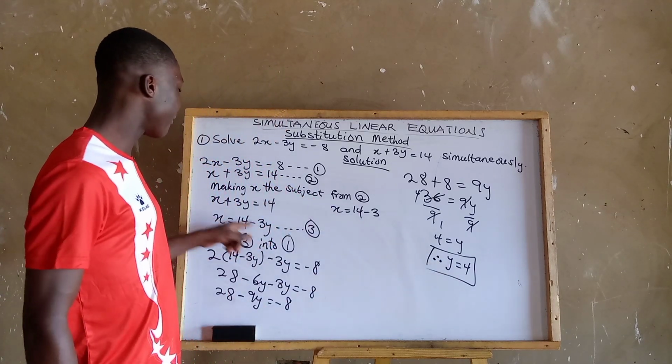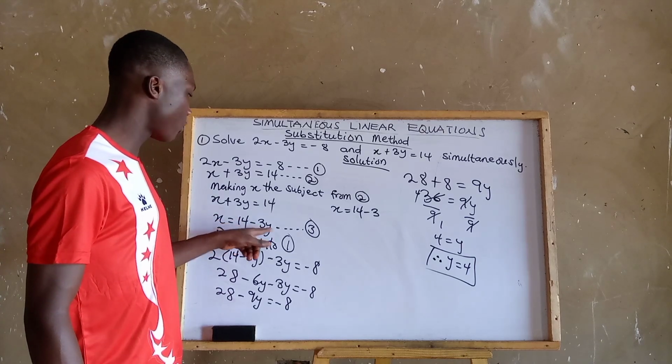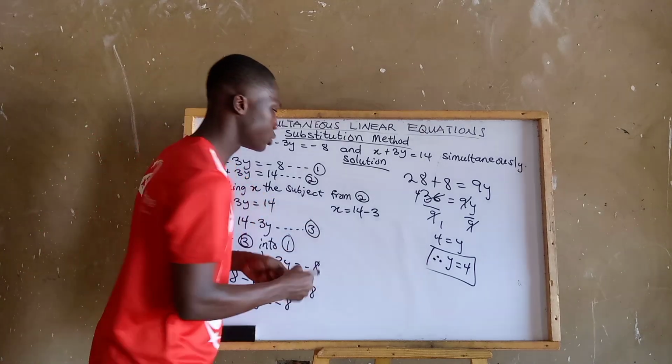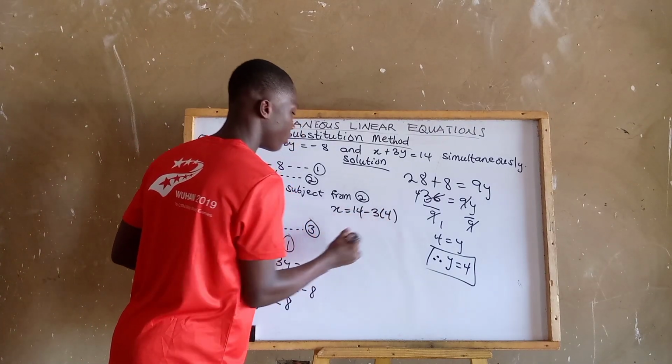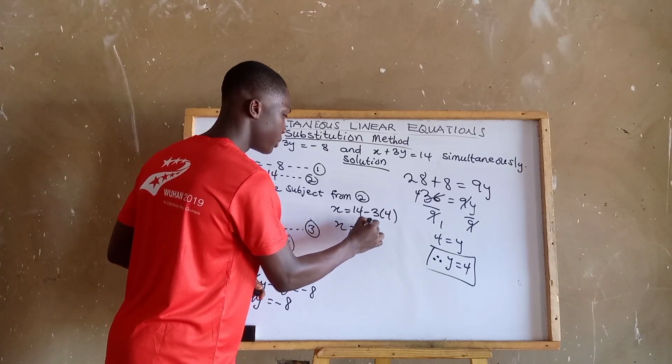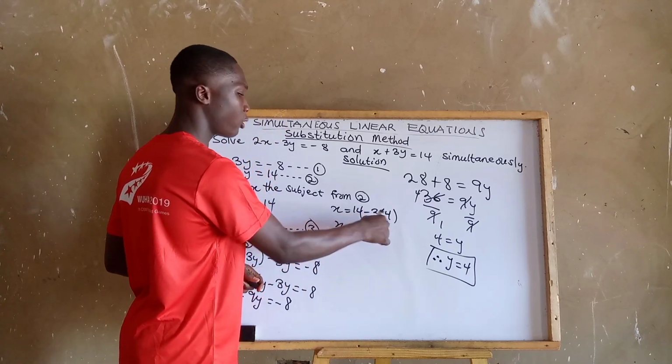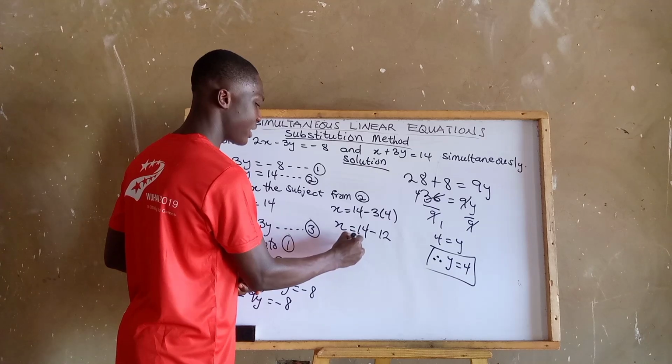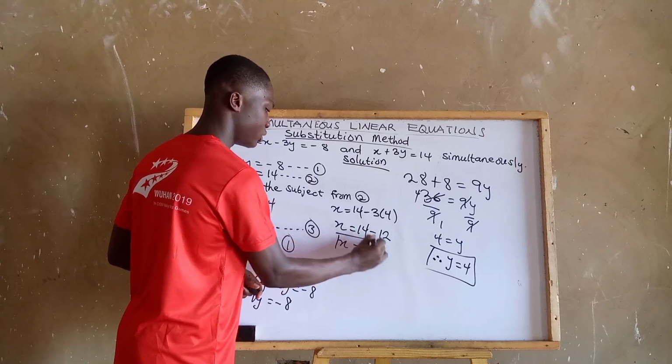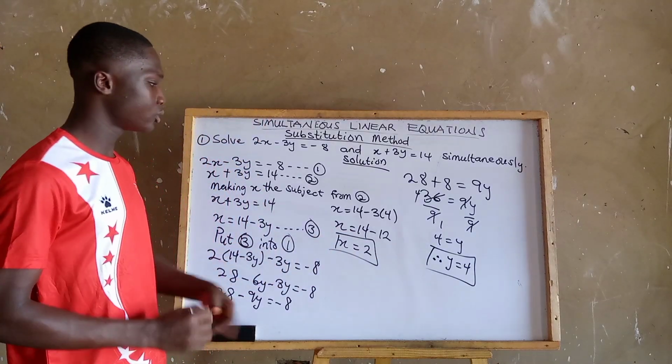So 3 times 4 gives us 12. x is equal to 14 minus 12. Then x is equal to 2. So the value of x here is 2.